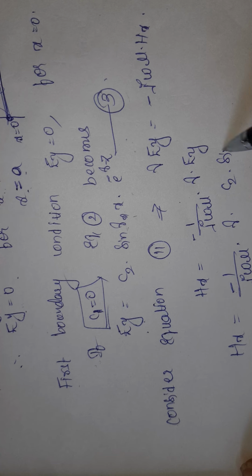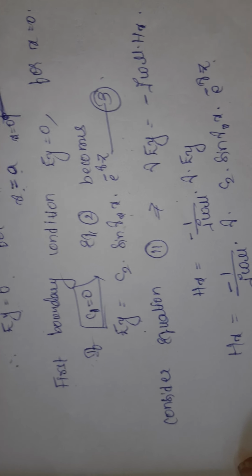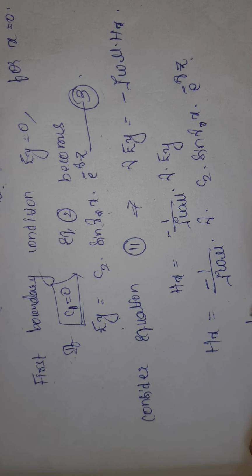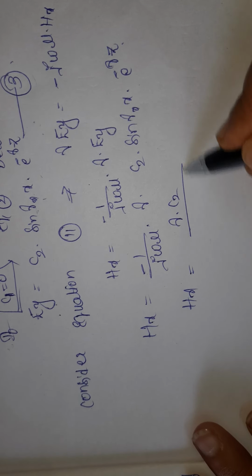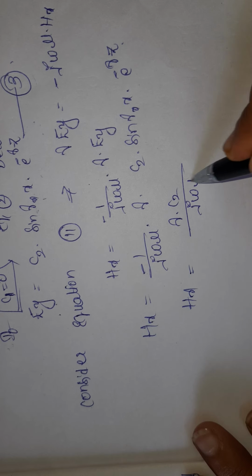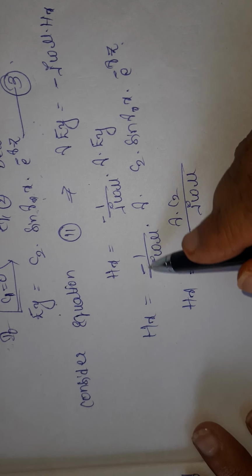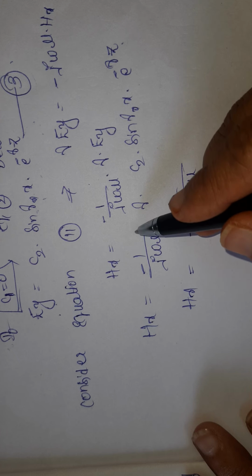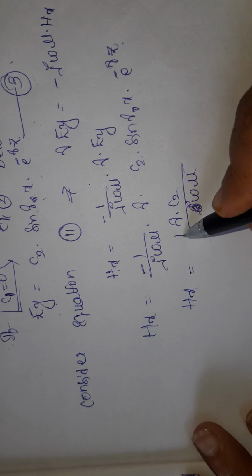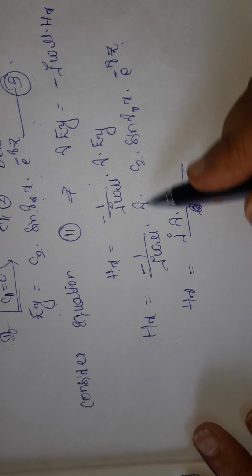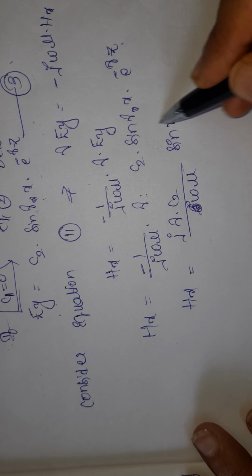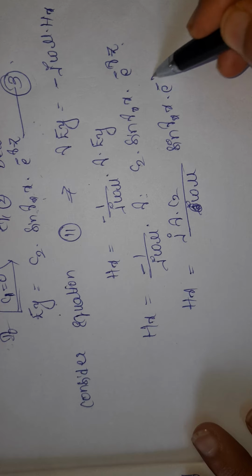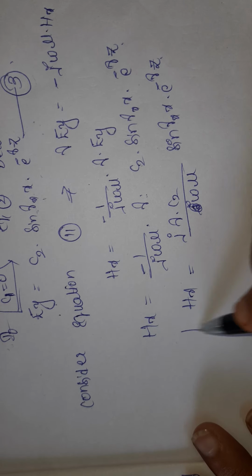C2 sin gamma x of x into e power minus gamma z. So finally I can write Hx is equal to gamma C2 by j omega mu, and here minus 1 can be written as j square. So I can write j gamma C2 by omega mu into sin gamma x of x into e power minus gamma z.